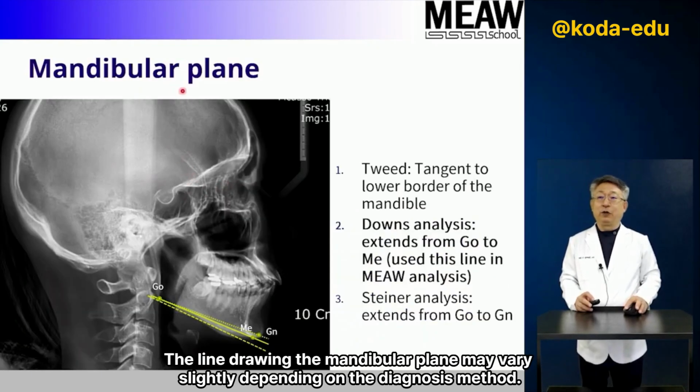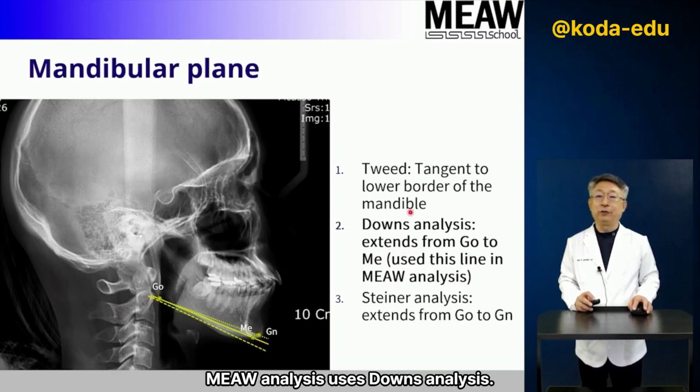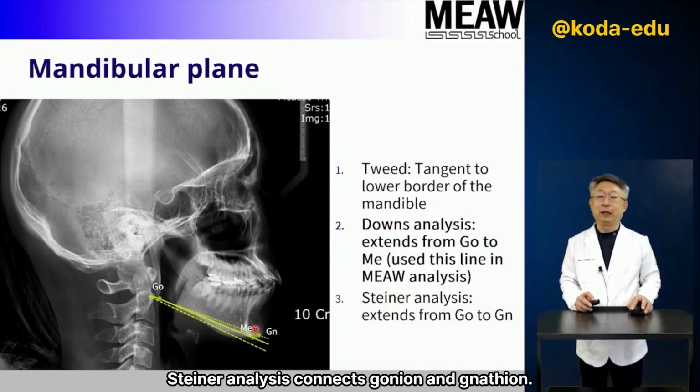The line drawing the mandibular plane may vary slightly depending on the diagnosis method. Tweed analysis connects the tangent to the lowermost mandible, and Downs analysis connects the gonion and the menton. MEAW analysis uses Downs analysis. Steiner analysis connects gonion and gnathion.